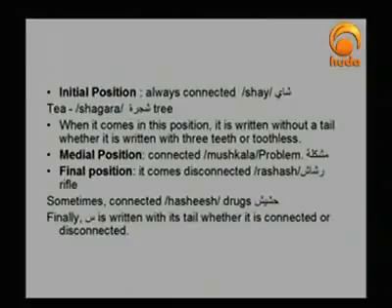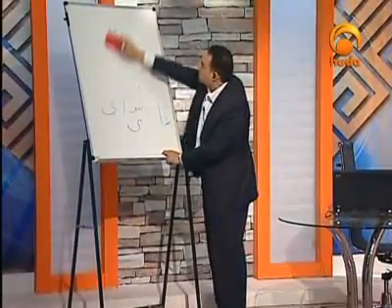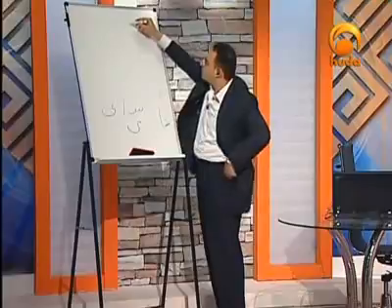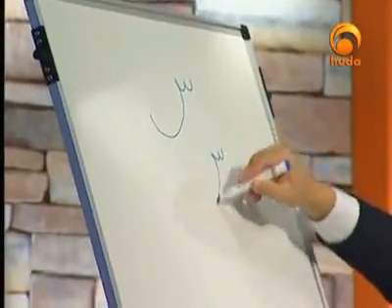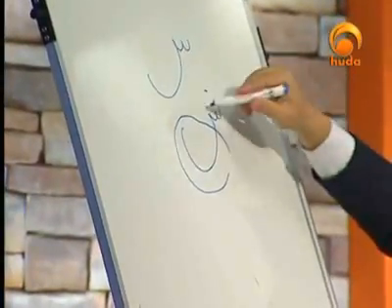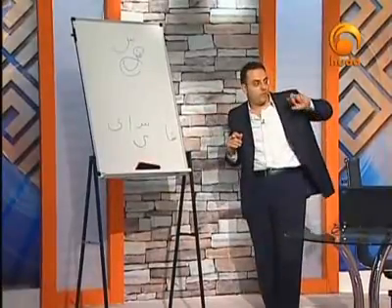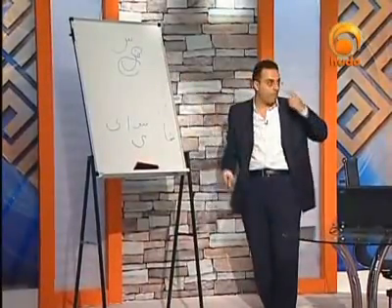So for Sa, most of the time we have Sa coming with a tail, and Sha also coming with a tail, but the only difference is in the dots. Sa and Sha, when they come in initial position, we don't have any tail here.